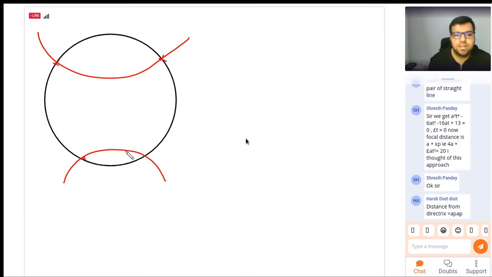Now the next thing I did was I drew a parabola. So these are points P, Q, R, S, and then I drew a parabola which passes through these points. So let me draw a parabola. It will be somewhat like this.